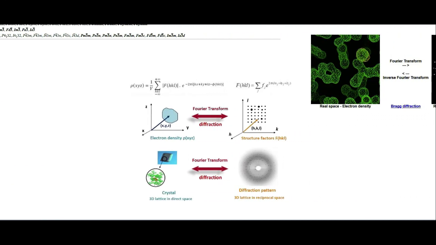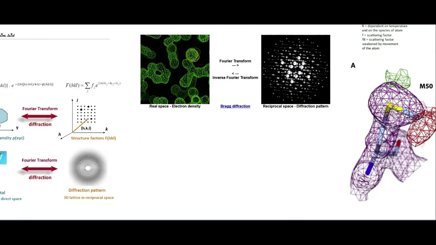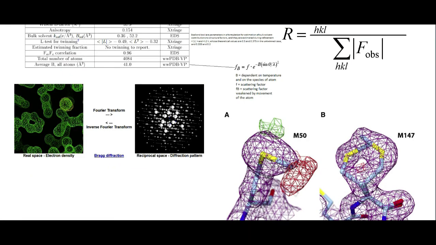So, long story short, what we end up with is we can determine the electron density from the information that we get from our diffraction pattern.